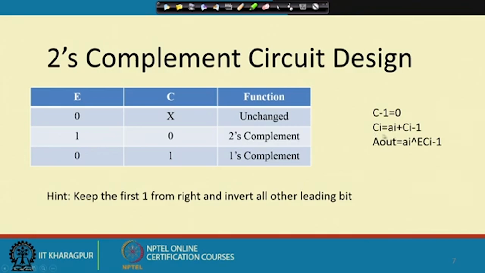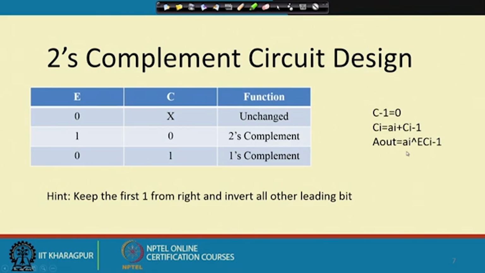And for A_out, which is the two's complement or one's complement output, you get A_i XOR E·C_(i-1). That means the previous carry is ANDed with the enable signal, and that is XORed with the corresponding input bit.